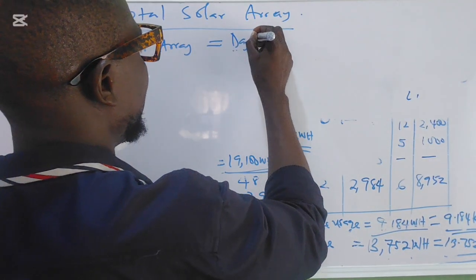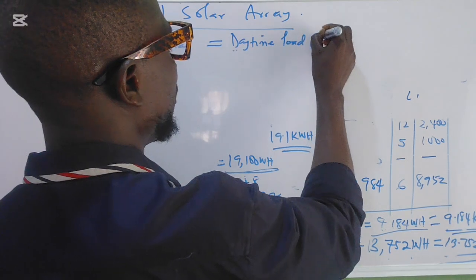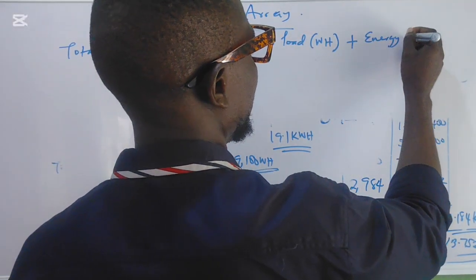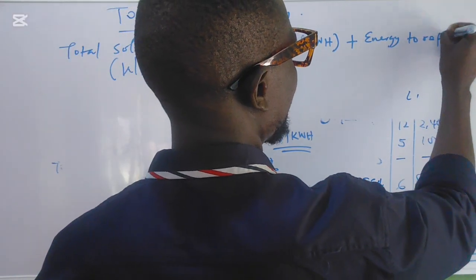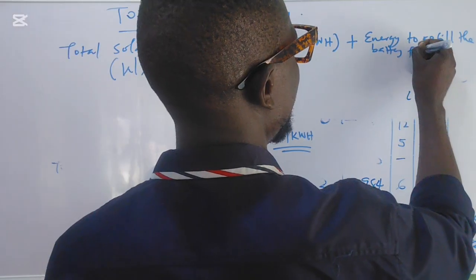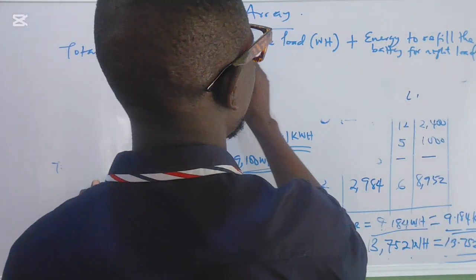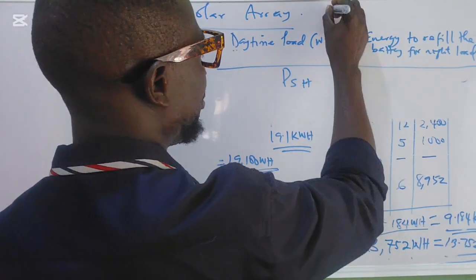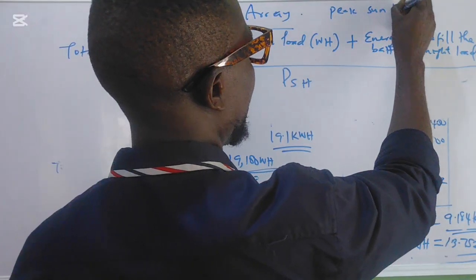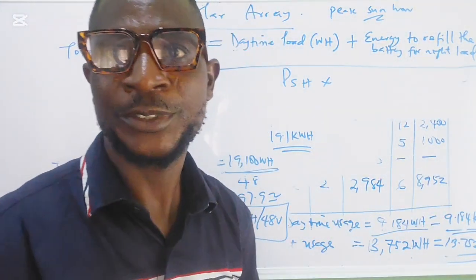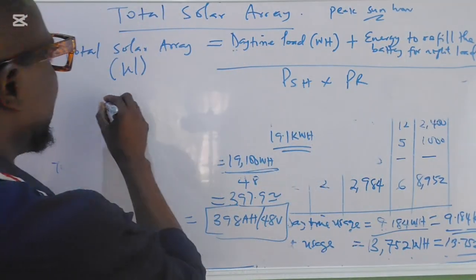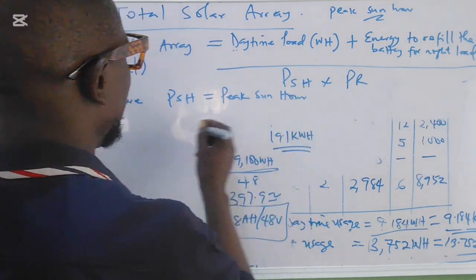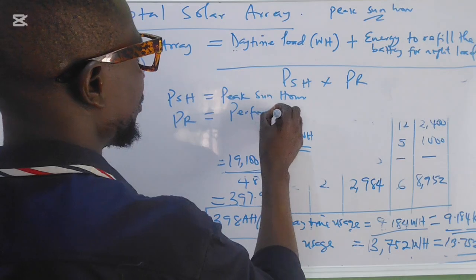The daytime load, which is in watt hour, plus the energy to refuel the battery for night load, divided by the peak sun hour, that is PSH, times the performance ratio of your solar array, PR, where PSH is your peak sun hour, then the PR is your performance ratio.